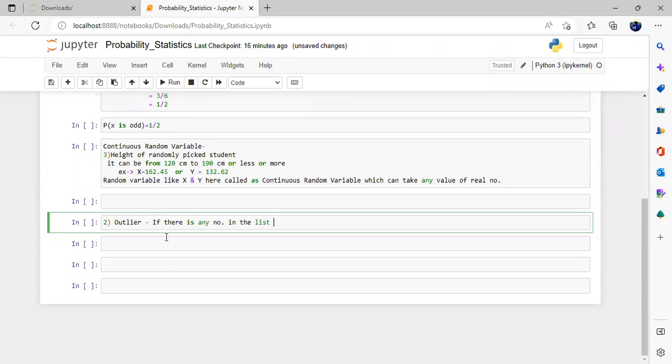If there is any number in the list which is odd, or we can say out of range, then it is called an outlier.